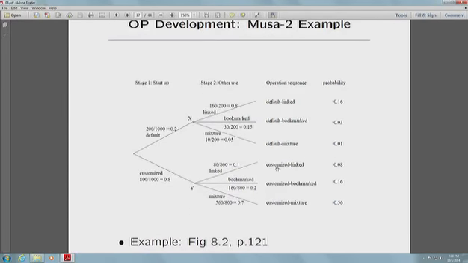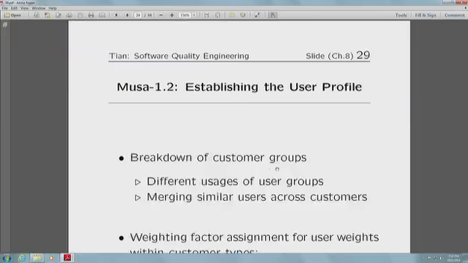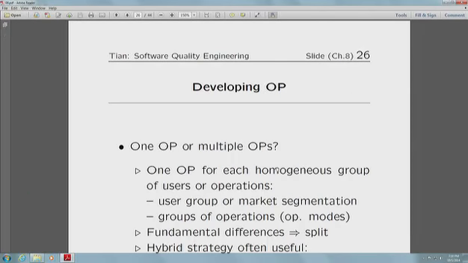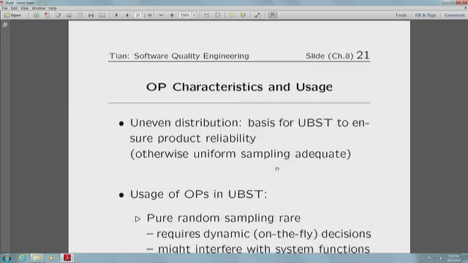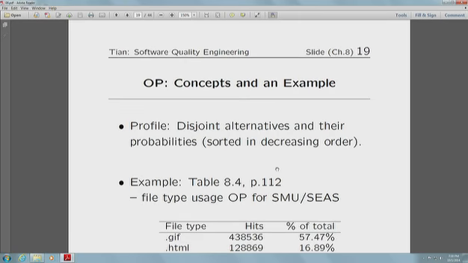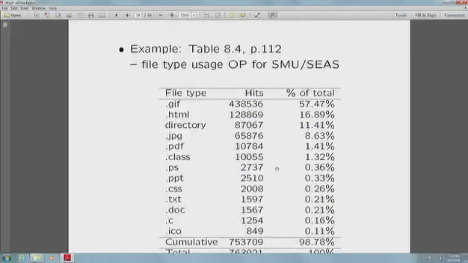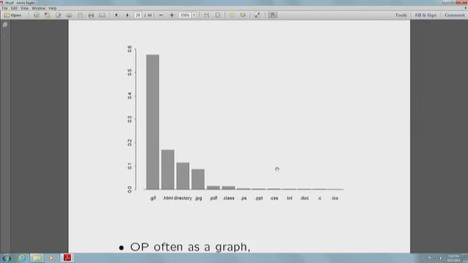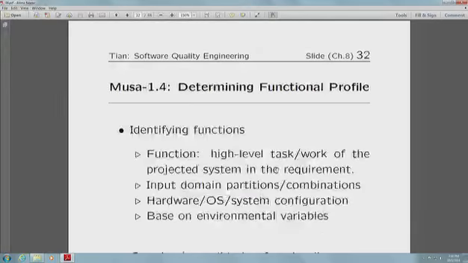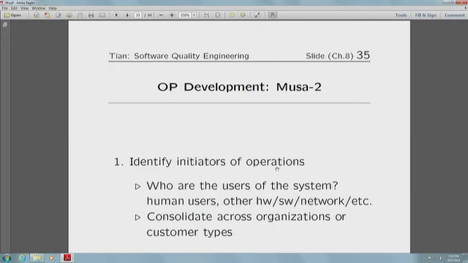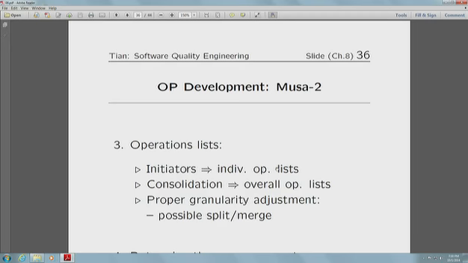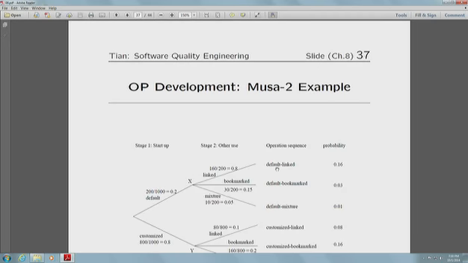The tabular representation we have seen before is something like this. All those things are the so-called tabular representations. So we have a table and then we have this graph. They are both tabular representations. A graphical representation in Musa terminology is something like this.